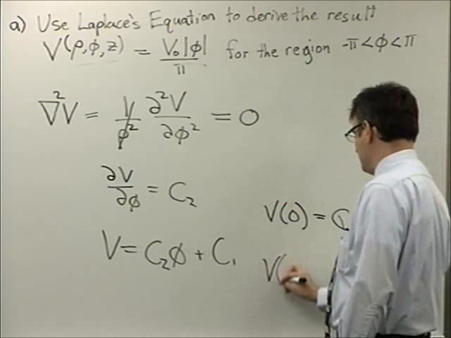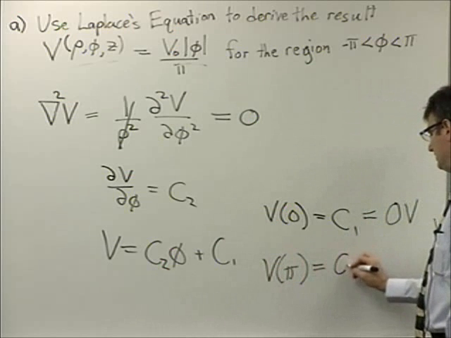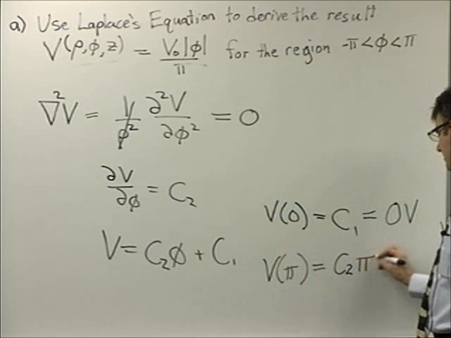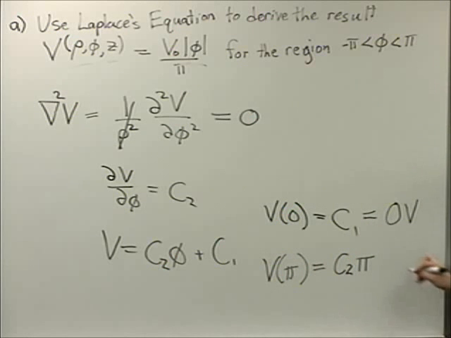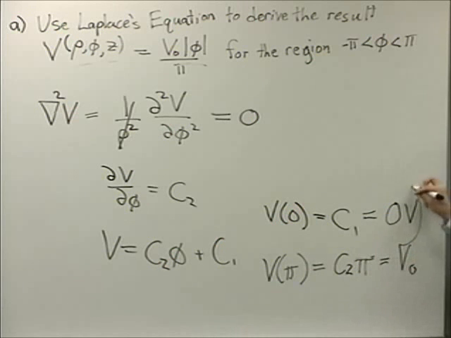And when V is evaluated at pi, I get C2 times pi, plus 0 because C1 is already 0. That must be equal to V naught. So there we already know that C2 is equal to V naught over pi.